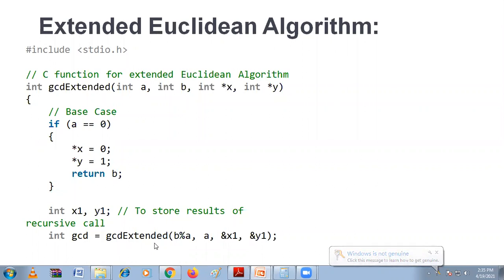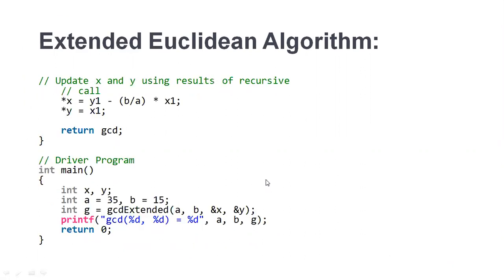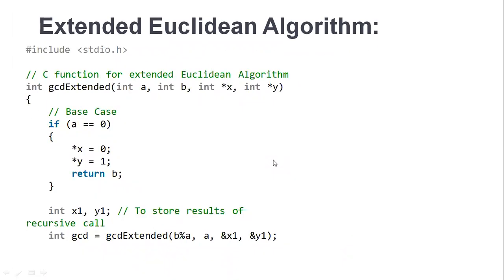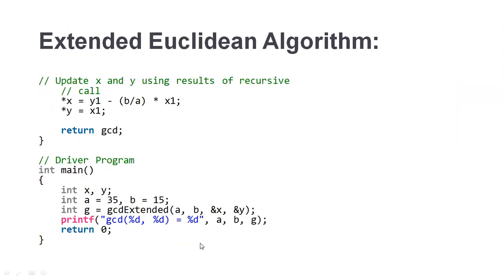So GCD is equal to GCD extended of b mod of a, comma a, and x1 and y1. In the recursive call, we will update the values of x and y. This is the main equation that we have calculated here: x is equal to y1 minus b divided by a into x1, and y is equal to x1.